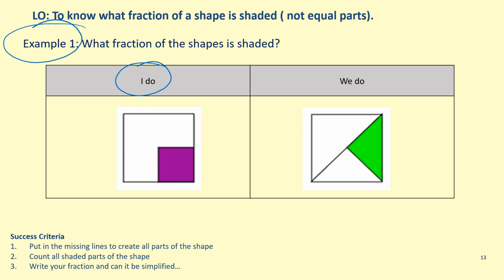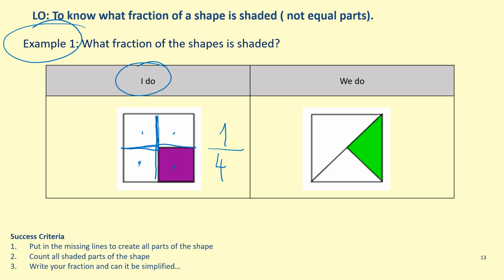So the first step is to put the lines in to split it into equal parts. Because this is an easy square, I will split it like this. And now you can see I split it into equal parts. One part is shaded. There are 1, 2, 3, 4. So 1 out of 4 is shaded.